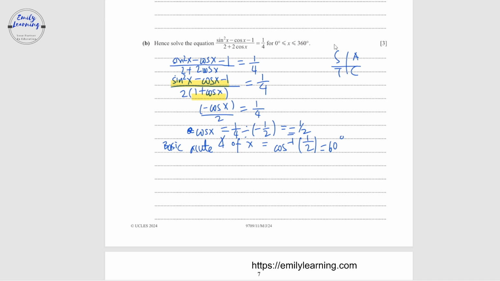When it is in the second quadrant and the third quadrant. So therefore, x is in the second and third quadrant. To find the angle in the second quadrant, it will be 180 degrees minus the basic angle. To find the angle in the third quadrant, you take 180 degrees plus the basic angle. So in other words, x is equal to 120 degrees or 240 degrees.